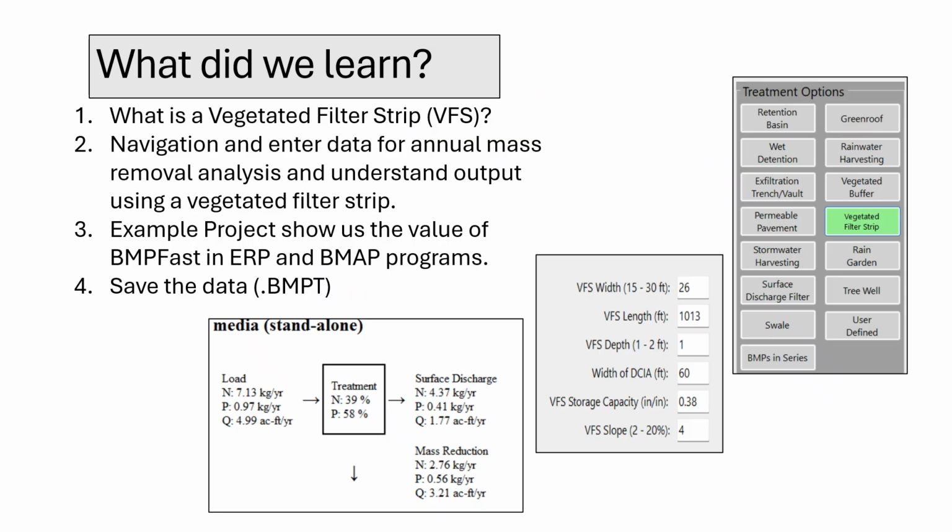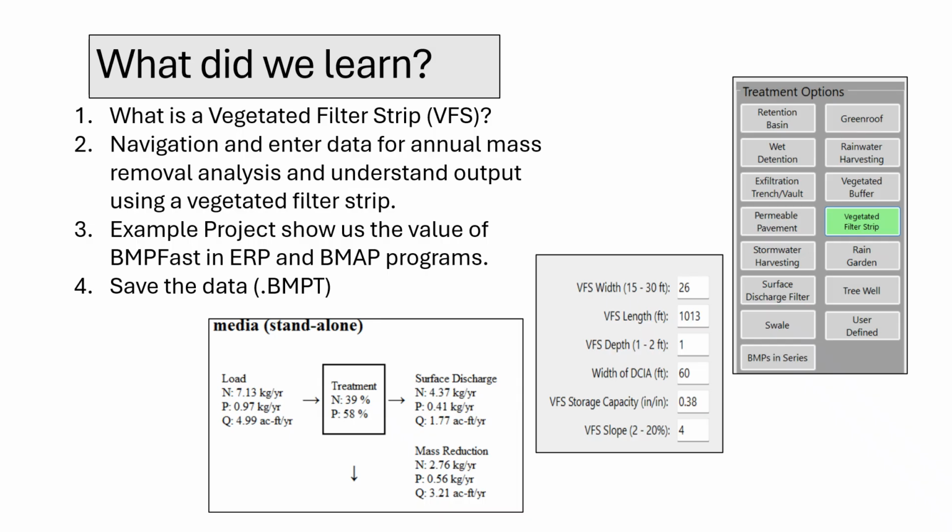To wrap up, let's review what we covered in this presentation. We explored what a vegetated filter strip is and how it functions as a best management practice for removing pollutants from stormwater runoff. One of the key things to remember is that when working with a vegetated filter strip, the catchment area must equal the combined contributing area plus the VFS area itself.